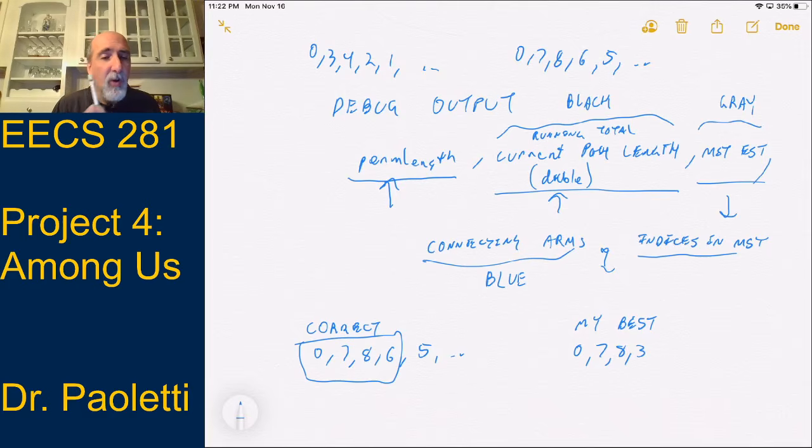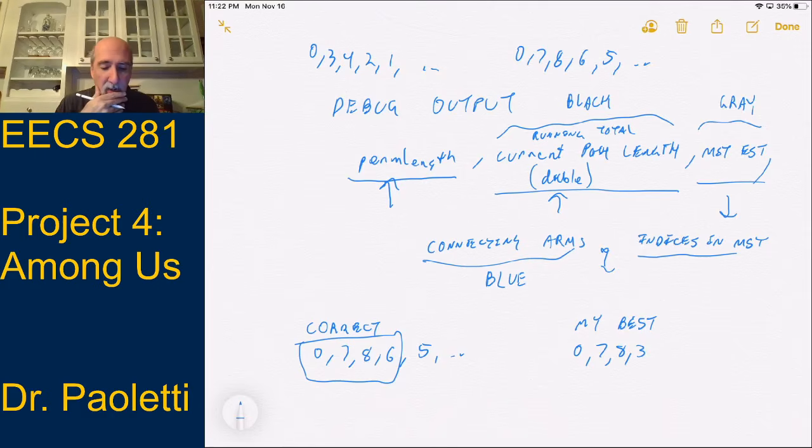Aha, here's what I can do. I can add a big if, saying if path sub 1 is equal to 7, and path sub 2 is equal to 8, and path sub 3 is equal to 6, I'm going to do some output.